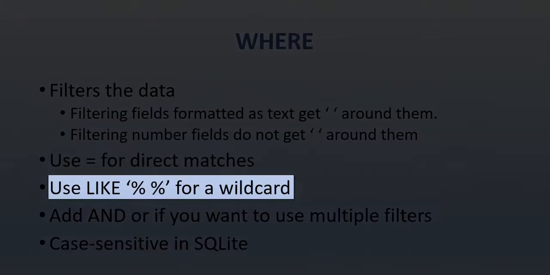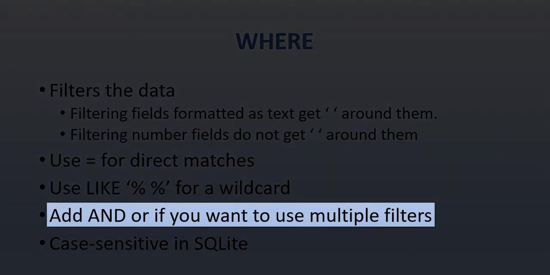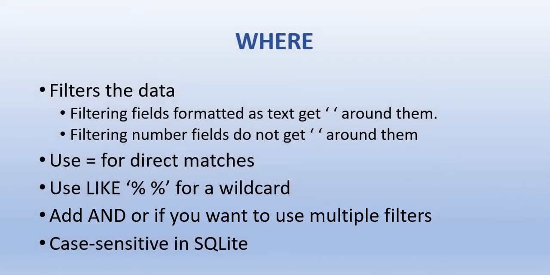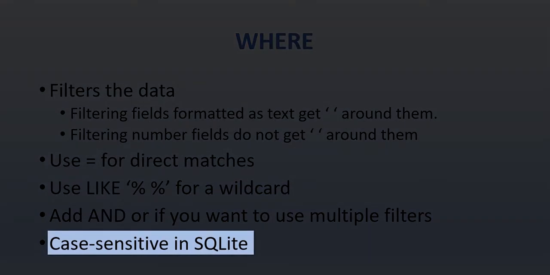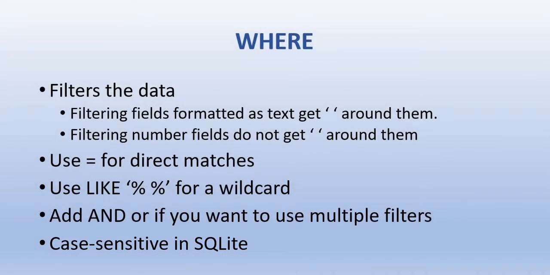We use the like, then it's a single quote, percent sign, space percent sign, single quote for a wildcard. And of course we can add an and if you want to use multiple filters, or an or if you want to use multiple filters. And of course in SQLite, not in all database managers, but in SQLite, the where line is case sensitive. So that's a quick review.